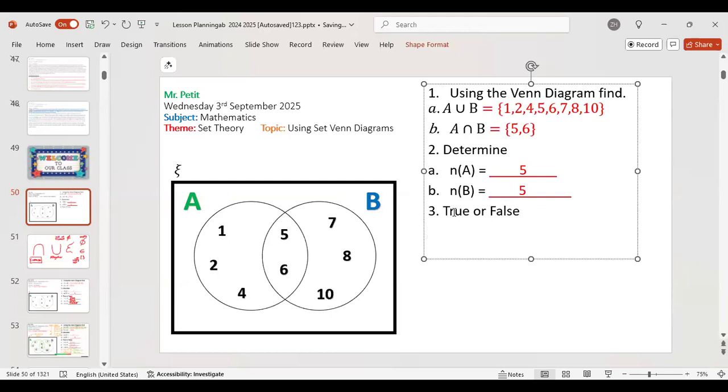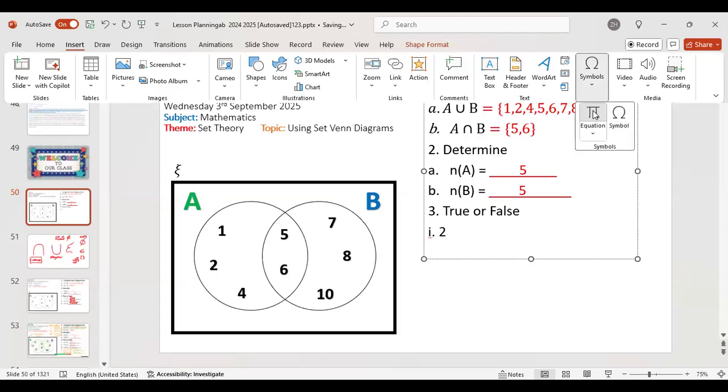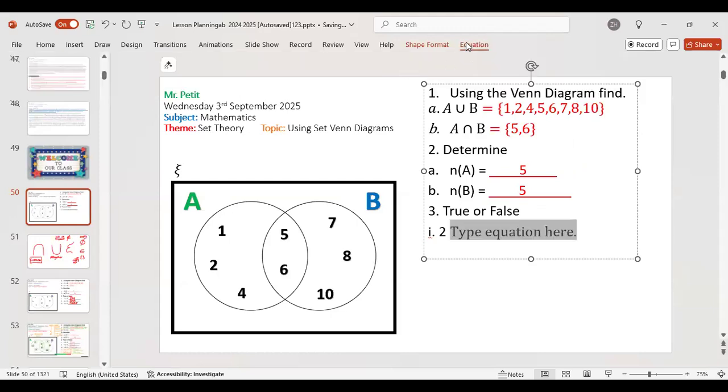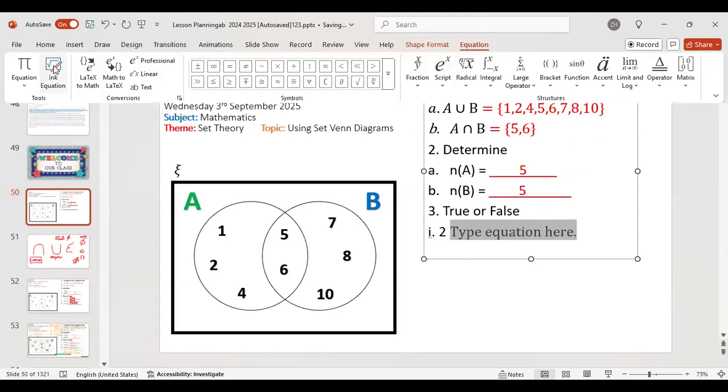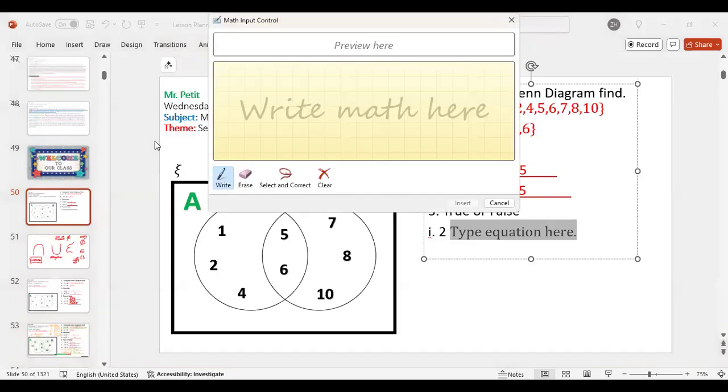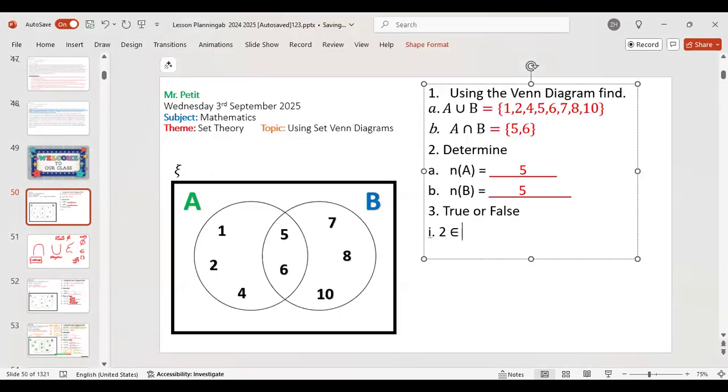True or false? 2 is an element of A. Is that true or is that false?